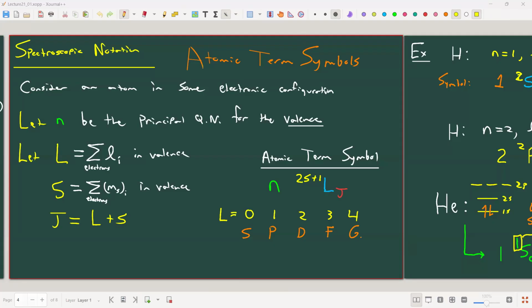Okay, I want to keep trudging on with atoms. I want to get us started thinking about atoms with multiple electrons. I posted the last homework for the class. It's on multi-electron atoms. It's working with these term symbols and things like that. That's not the hardest math on the problem set.